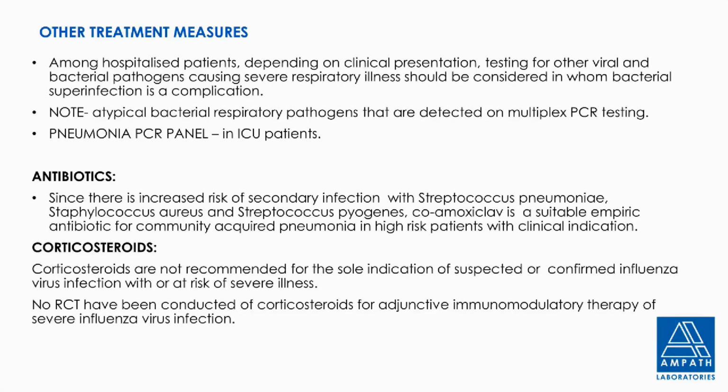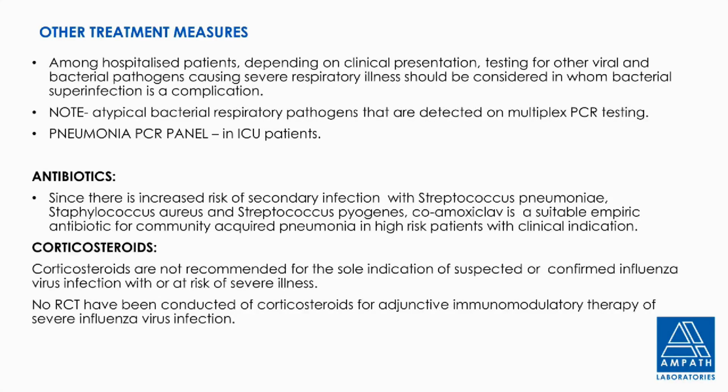Going on to other treatment measures, I think it's important to know that amongst your hospitalized patients, you will treat them with the appropriate antiviral, but you will also take cognizance of the fact that you can have secondary bacterial pathogens, so you will investigate appropriately.